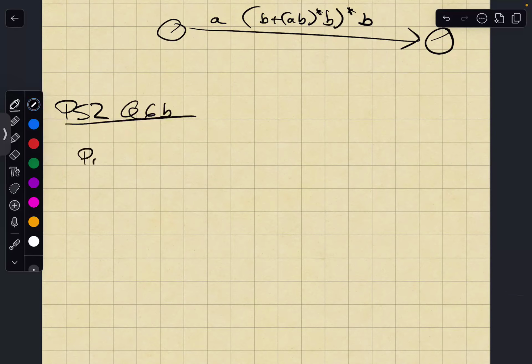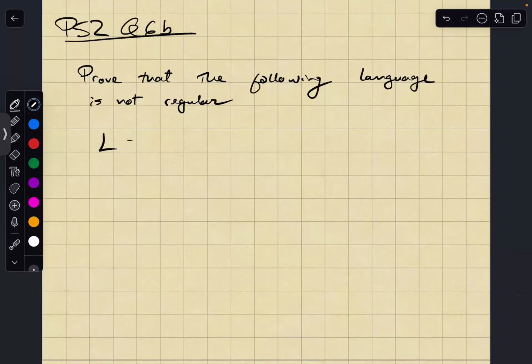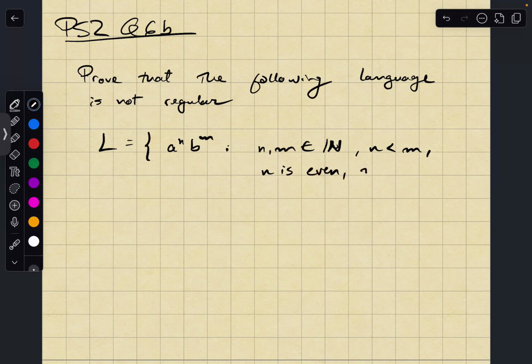We want to prove that the following language is not regular, where the language is {a^n b^m : n, m in the natural numbers, n < m, n is even, and m is odd}.